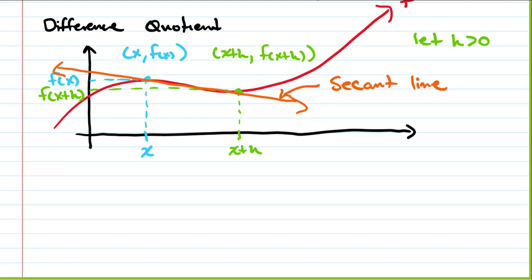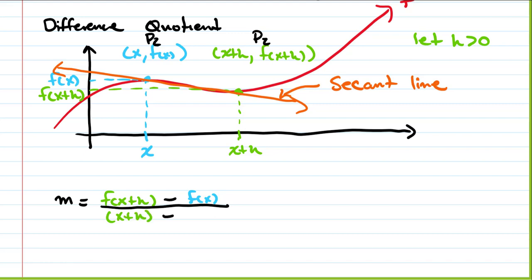Well, we do know how to find the slope of a line, so we can just use our slope formula, which is m is equal to y2 minus y1 all over x2 minus x1. So we'll call this point 2, we'll call this point 1. So we would have f of x plus h minus f of x all over x plus h, because that's my x2, minus my x1, which is x.